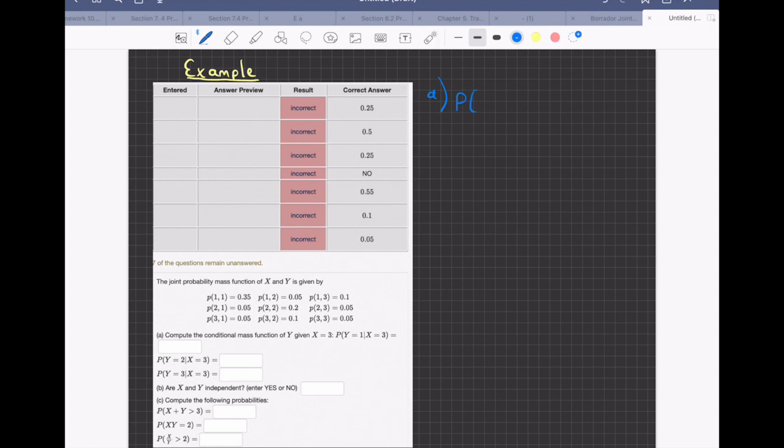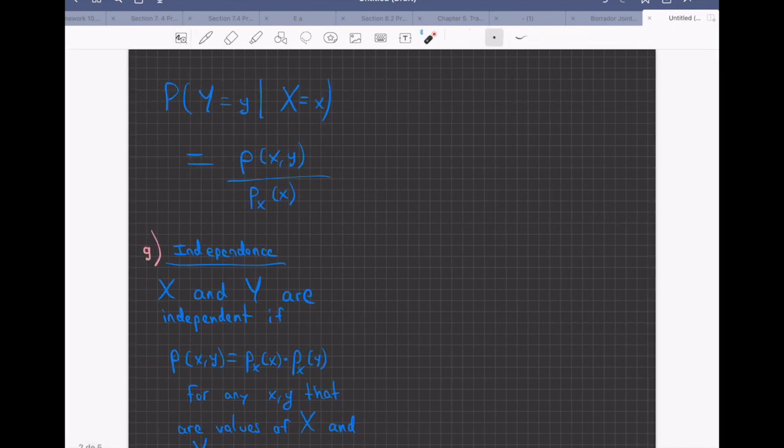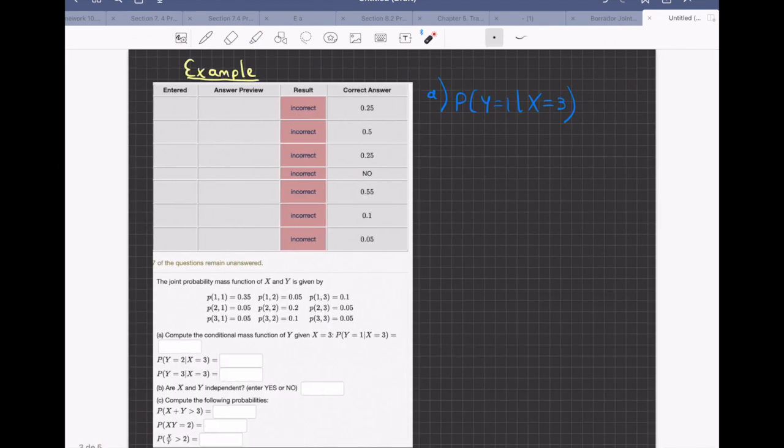Probability that y is equal to 1 given that x is equal to 3. In this case, we have to use the definition. The definition is the joint distribution divided by P_X of x. So in this case, it's going to be the joint distribution at x equal to 3.